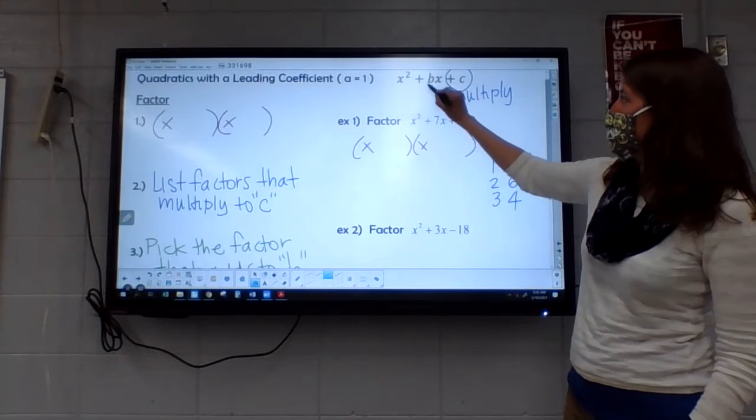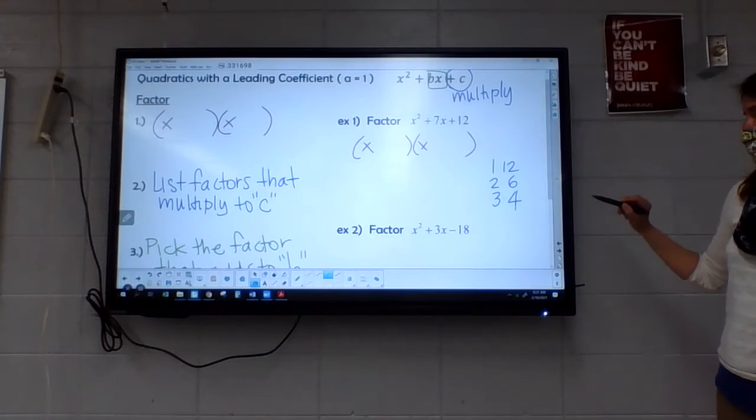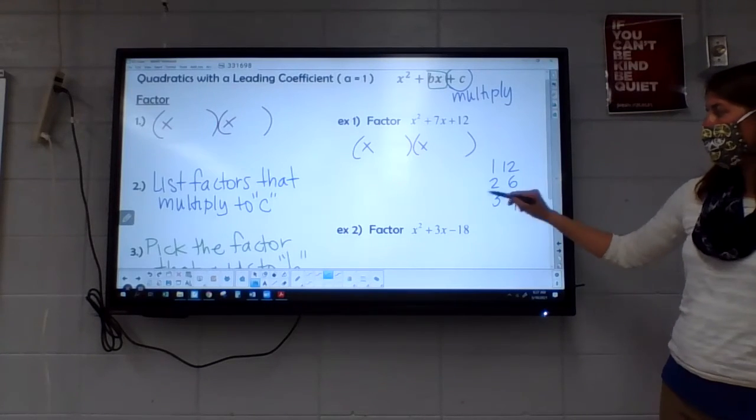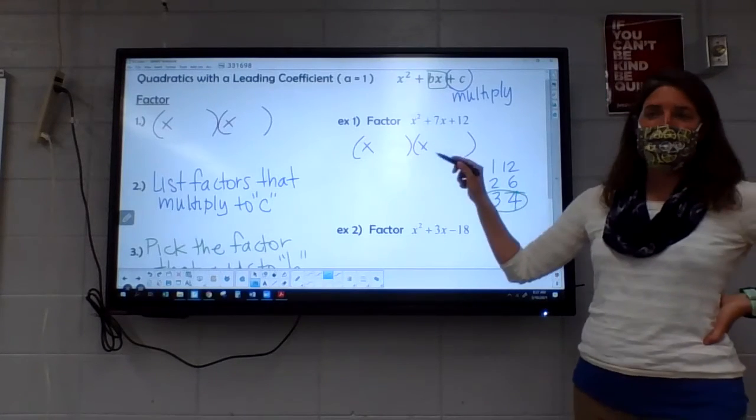The B is this middle one. So out of these, and Kylie said it a little bit ago, 3 plus 4 will give us 7. So that's what we're going to put in our parentheses.